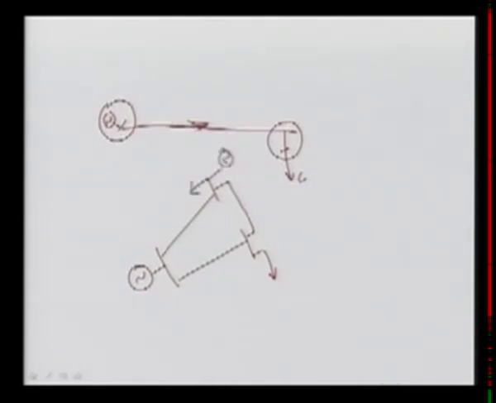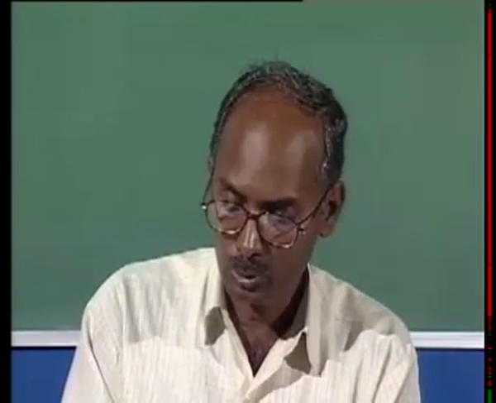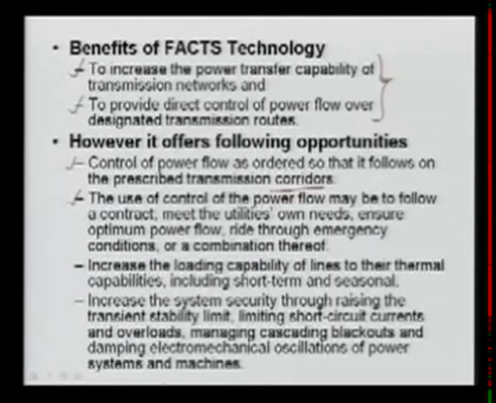It is not necessary that the power taken by this generator comes directly here. We cannot identify the power flow because electrons do not have any color. So the current flowing here, in which line and what the contribution of these generators or this load is, can be obtained, and normally this is known as power tracing. So we can do the power tracing and see which is contributing how much. So here the control of power flow may follow a contract, means we can meet that exact contract over that line.